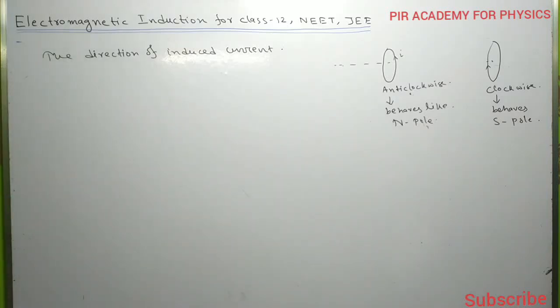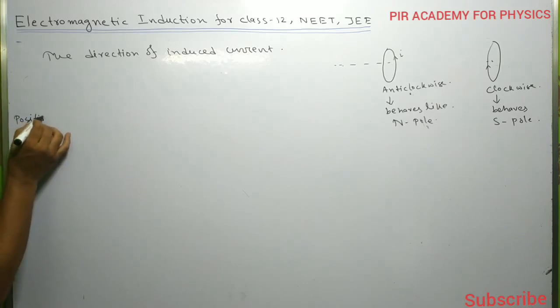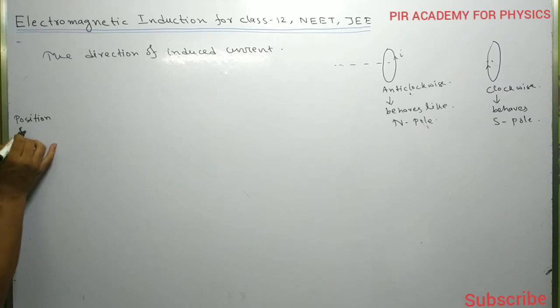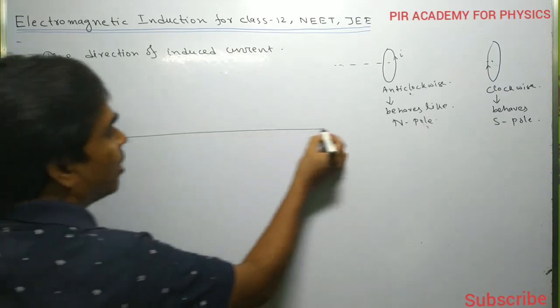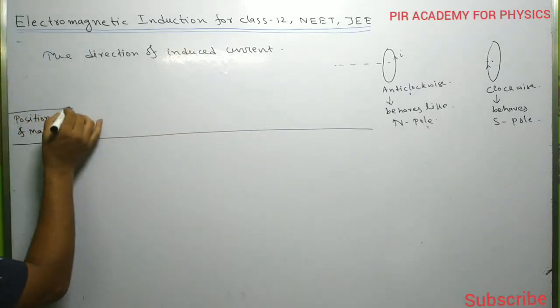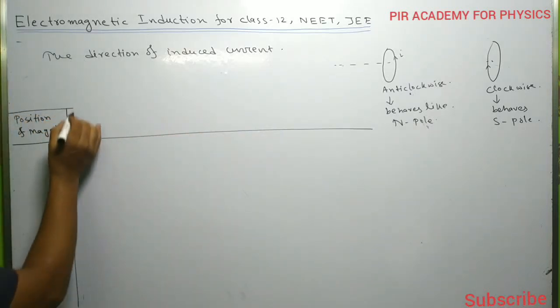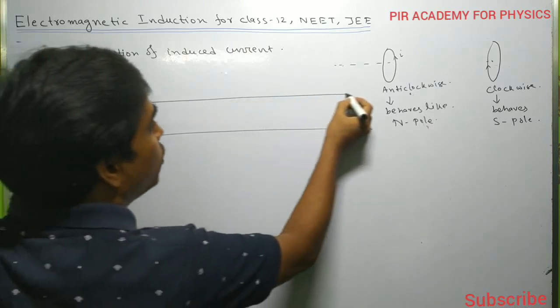There is a fourth situation, that means position of magnet. There are four positions.